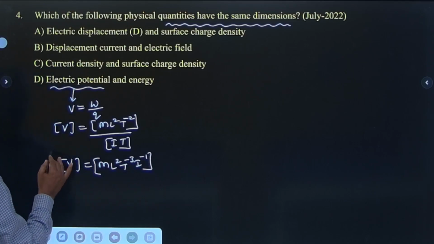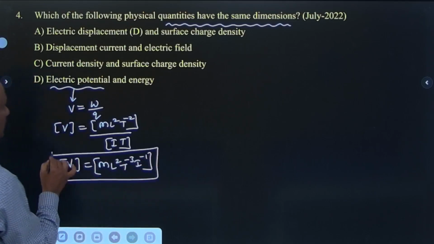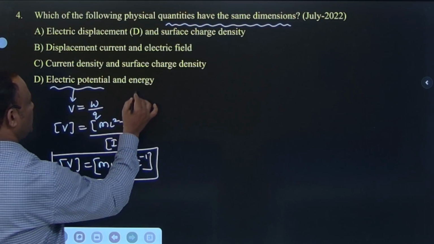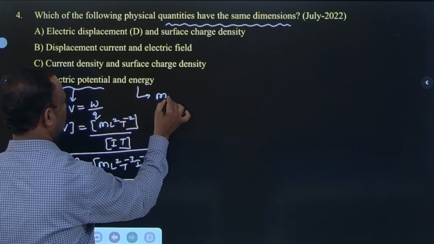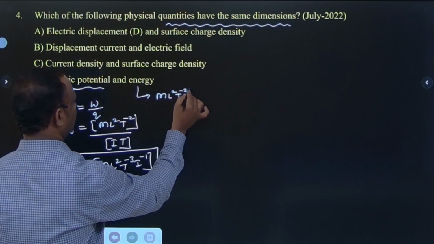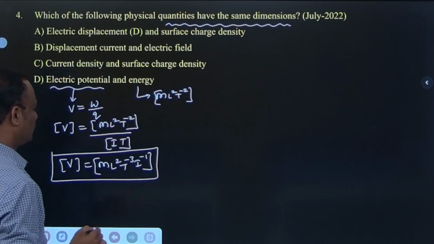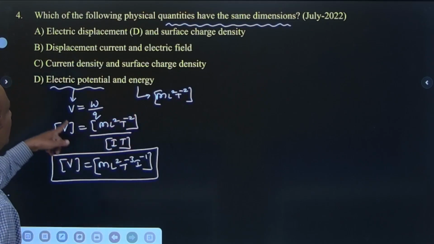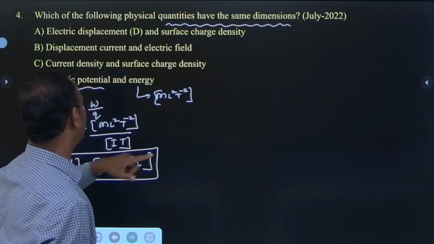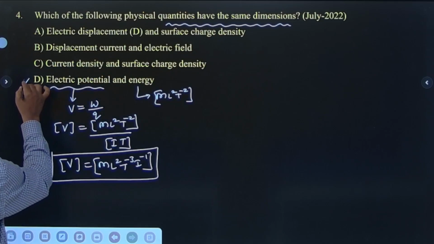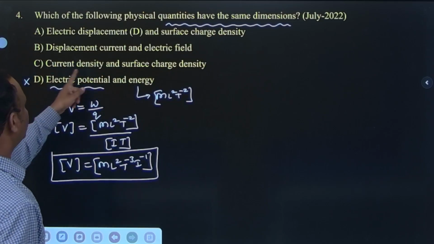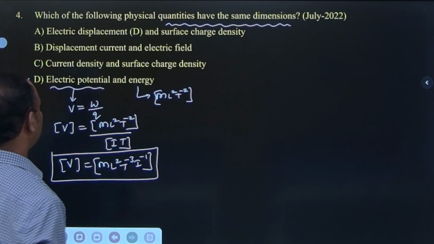And next, energy: you know the dimensional formula of energy is ML square T minus 2. Do you think these two are the same? He is asking for the same dimension. This is not. Next, current density and surface charge density.